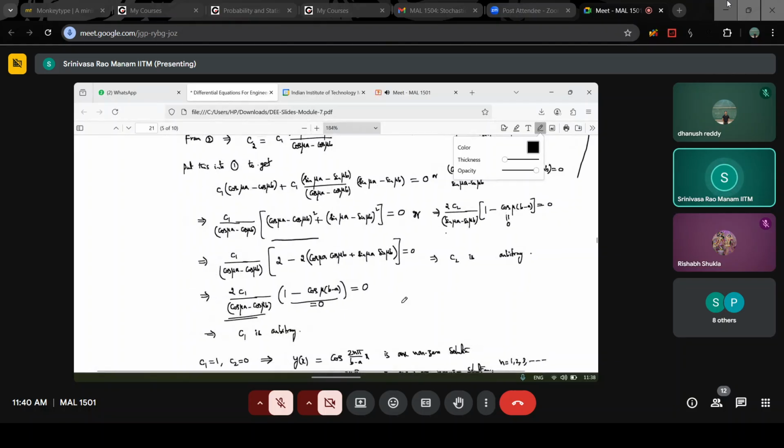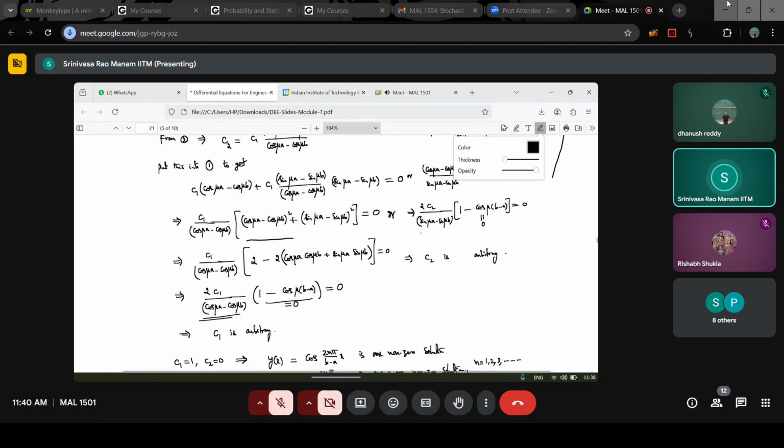Because we're looking at two ways, you will see that 2 into this also becomes 2C1. This is non-zero, this is non-zero. The denominator is non-zero because A and B are not equal to 0. So you can easily see that. That means this has to be 0.